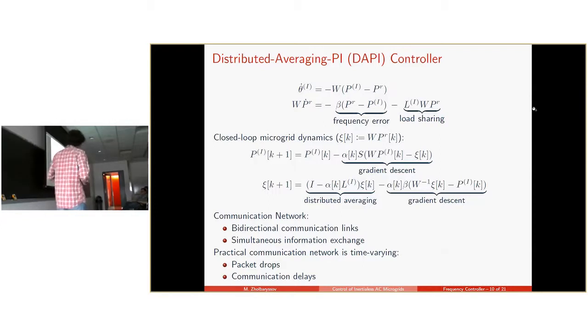So it's a simultaneous information exchange, and it happens at each iteration. Such a communication network can be difficult to realize in practice because of packet drops and communication delays. A practical communication network is time varying.